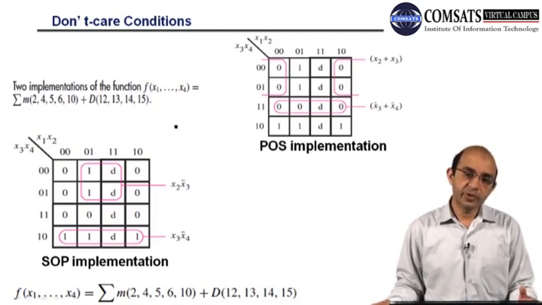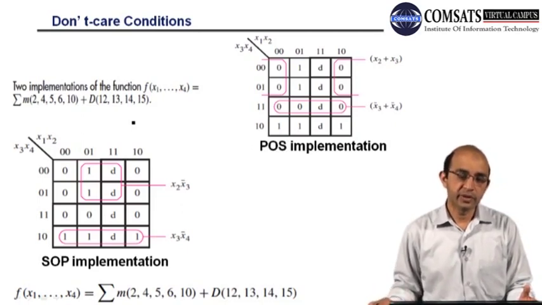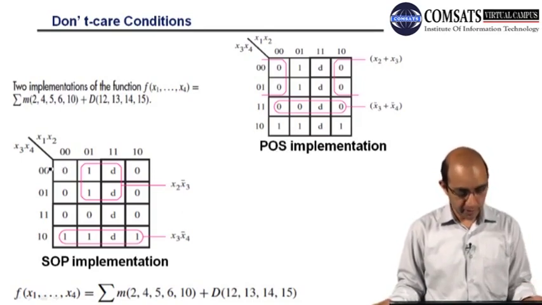So instead of starting from the rows, in this book the author starts from the columns. So you can see that we have 0 here.